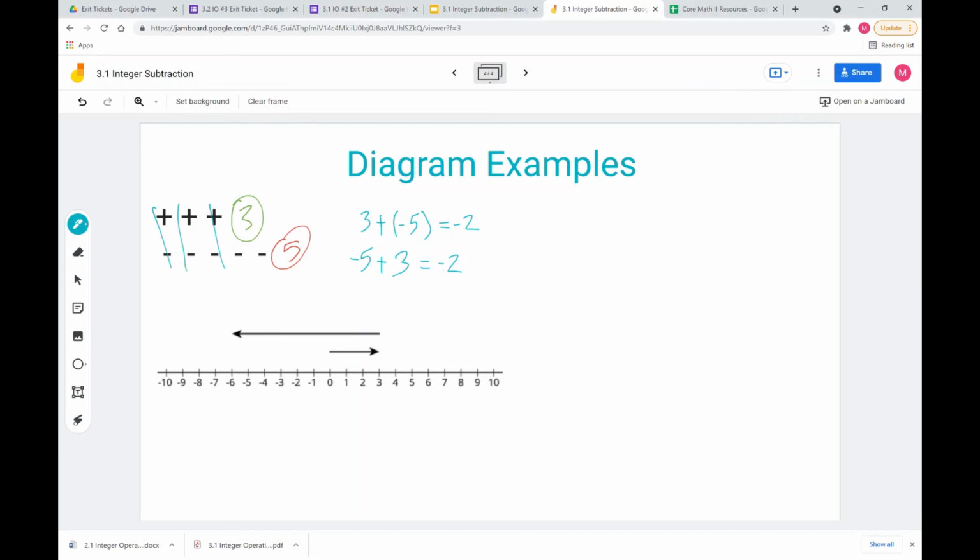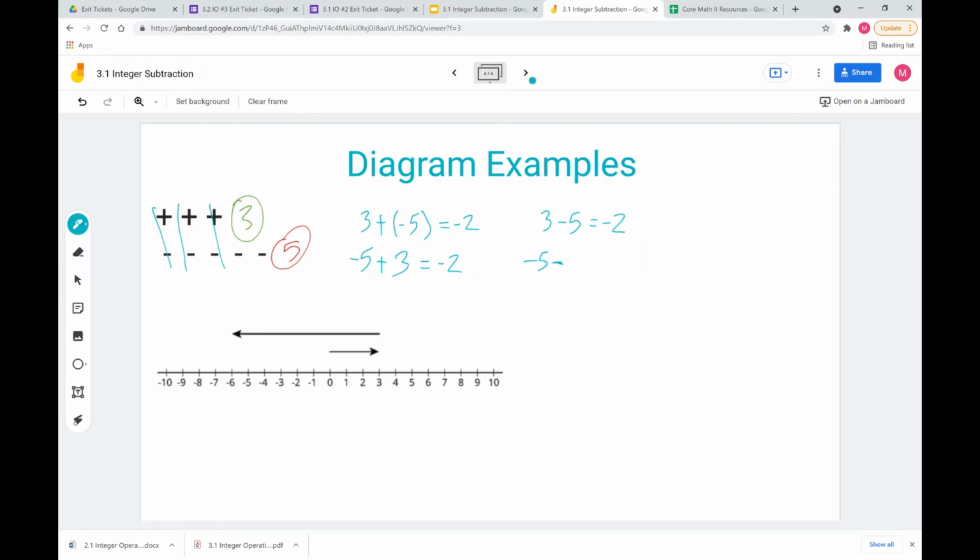Well, we know that we have 3 positives and we have 5 negatives. That will still give us negative 2. Another way to write a subtraction problem is to think of, well, we have 5 negatives, and since we know to write positives, we need a sign to show the 3 positives.